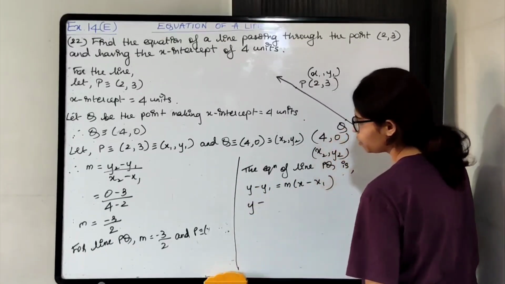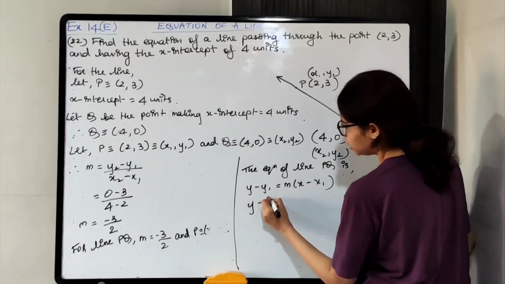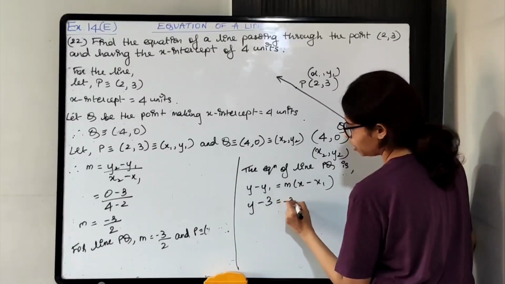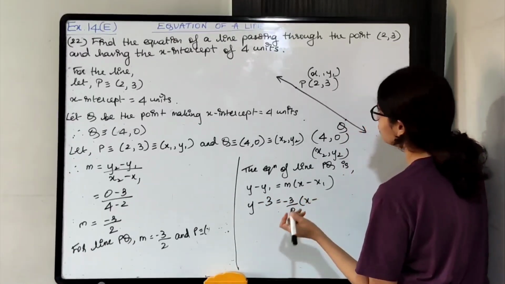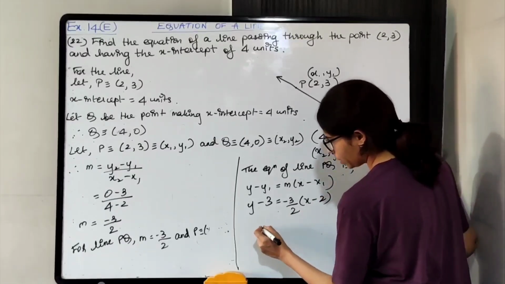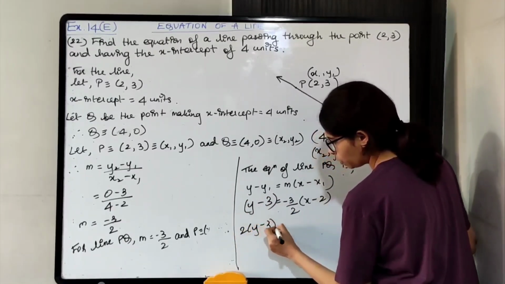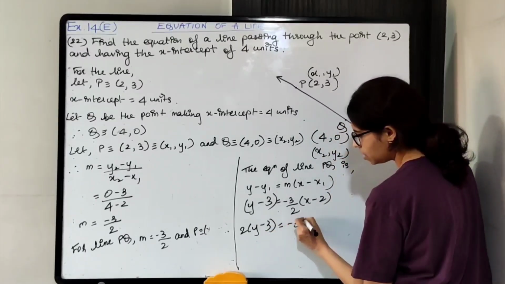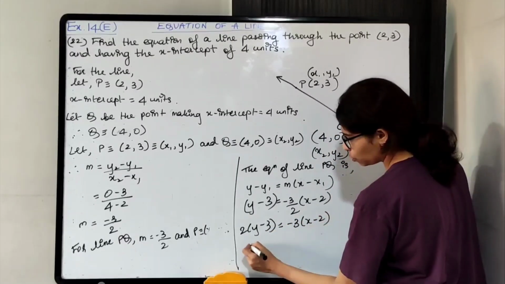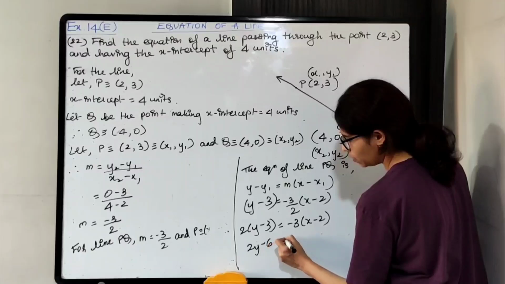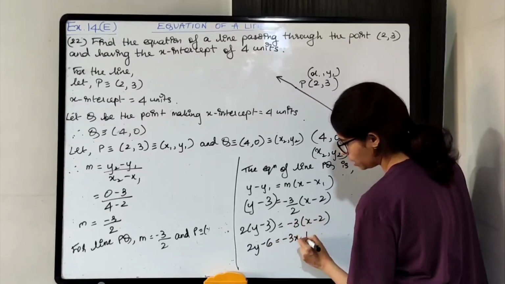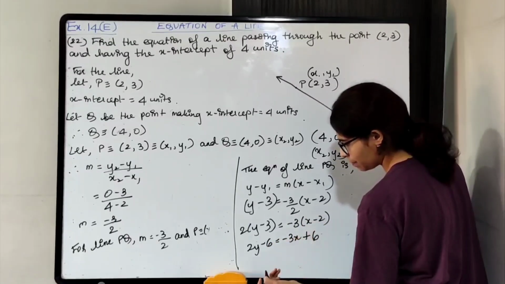So put the values. y1 is 3, m is minus 3 upon 2, x minus x1 is 2. Put brackets over here. If we shift 2, it will multiply. Minus 3 into x minus 2. So 2y minus 6 is equal to minus 3x. Minus into minus is plus, 3 2s are 6.